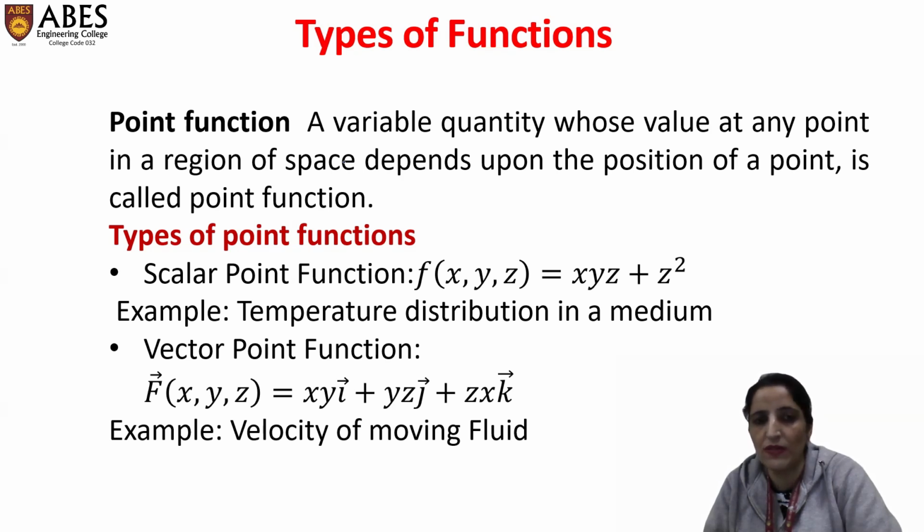It is always considered to be a scalar point function. At any random point, this function will convert to a scalar quantity. Now, a vector point function is a function in the form of a vector, for example, the velocity of a moving fluid, and at any random point, this function will be converted to a vector quantity.